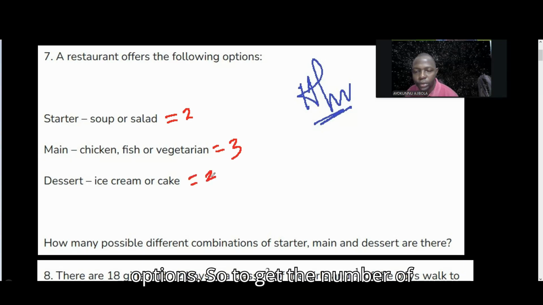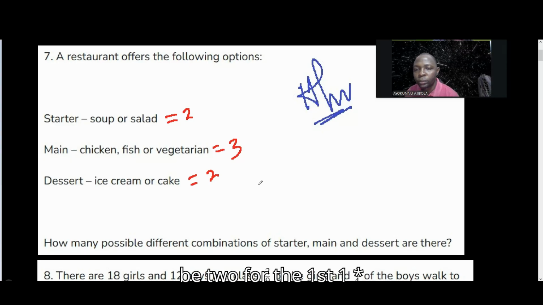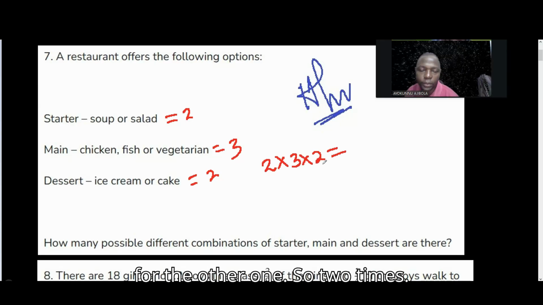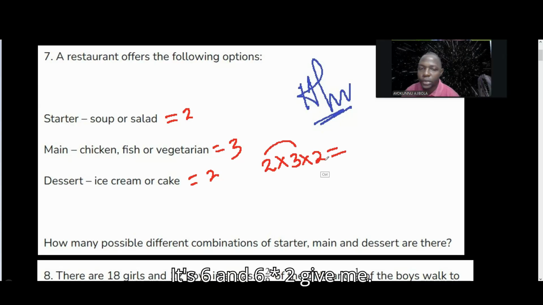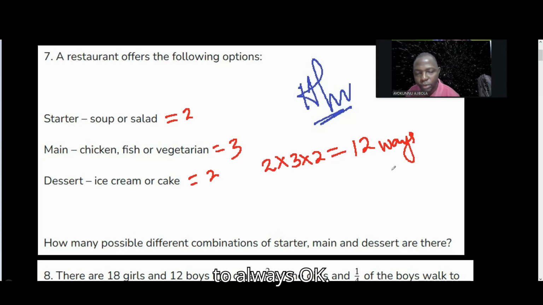Here, two options. So to get the number of ways they could be combined, it will be two for the first one times three for the second one times two for the other one. So two times three is six, and six times two will give me 12 combinations, 12 ways.